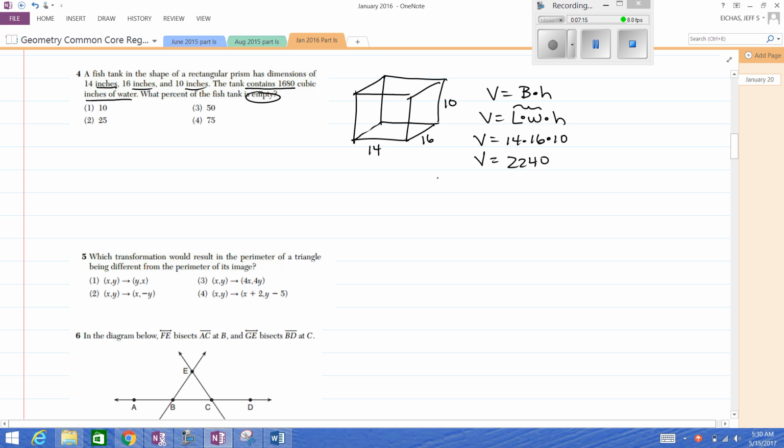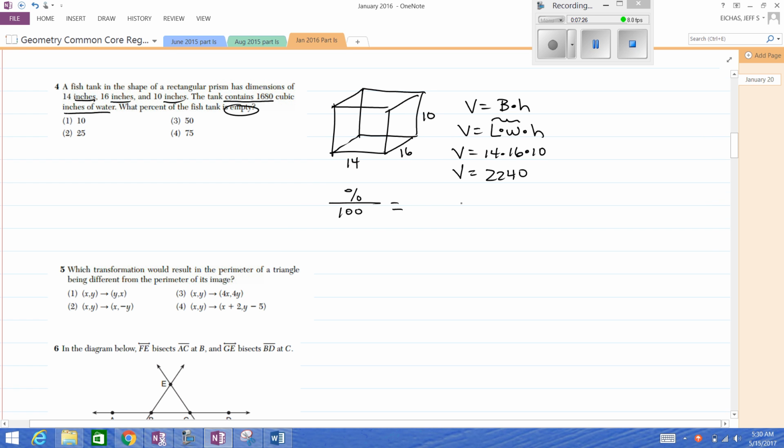All right. Proportions are nice to work with, especially with percents. We'll say percent over 100 equals part over whole. We could go right now, 1680 out of 2240. Just remember, we're going to subtract at the end. We can call that x for now. 2240x equals 168,000, sorry.